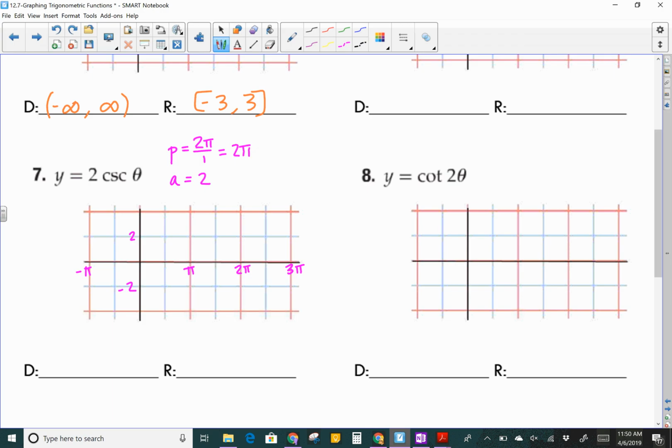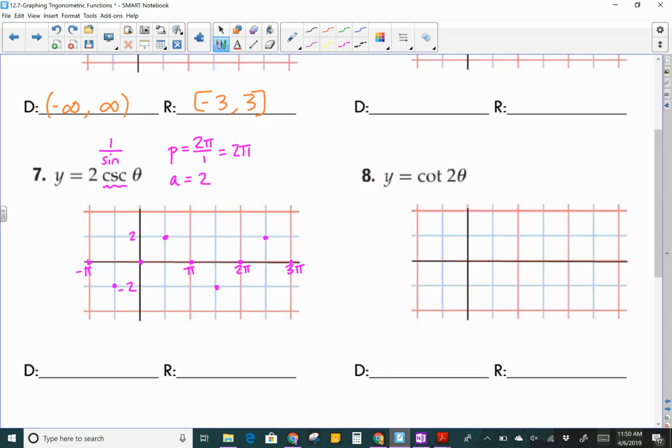Now I'm ready to plot points. I have to figure out the cosecant, which is the reciprocal of the sine. They never start with the same letter. My sine graph starts at 0, so I put those key points: starts at 0, ends at 0, halfway between is 0, halfway between the first two is a max, halfway between the last two is a min, and then I continue the pattern.